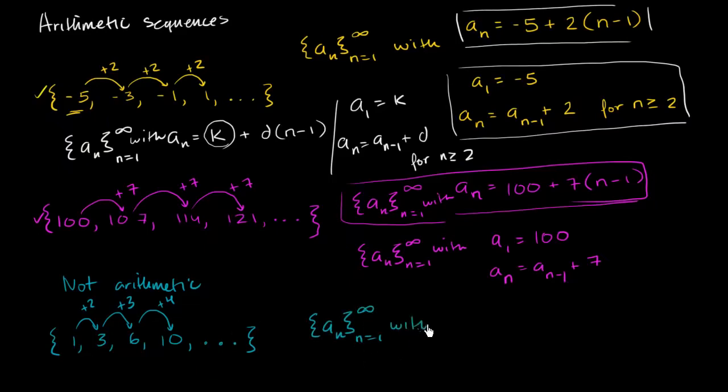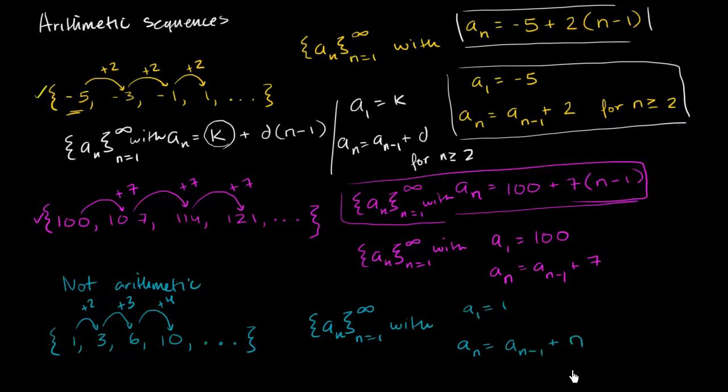We'll say our base case, a sub 1 is equal to 1, and then for n is 2 or greater, a sub n is going to be equal to what? So a sub 2 is the previous term plus 2. A sub 3 is the previous term plus 3. A sub 4 is the previous term plus 4. So it's going to be the previous term plus whatever your index is.